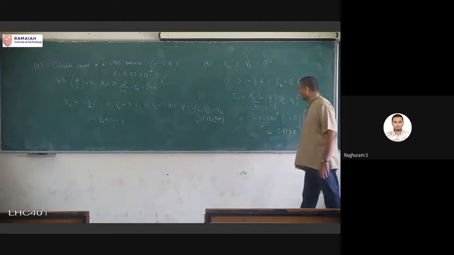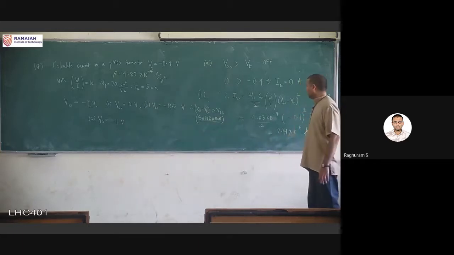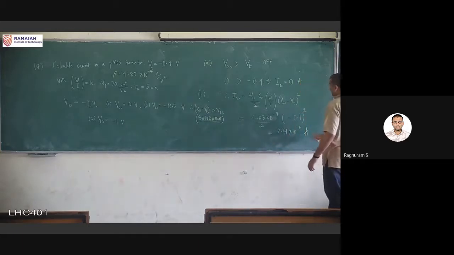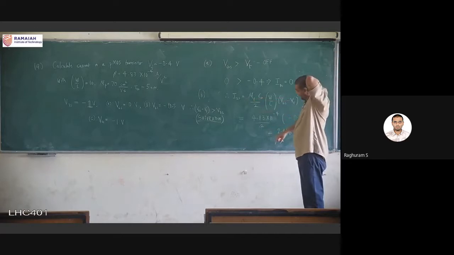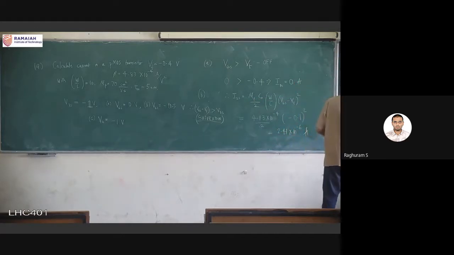This gives 2.41 into 10 power minus 6 ampere. This is the current. So this is the current for part B. We will continue with part C on top here.